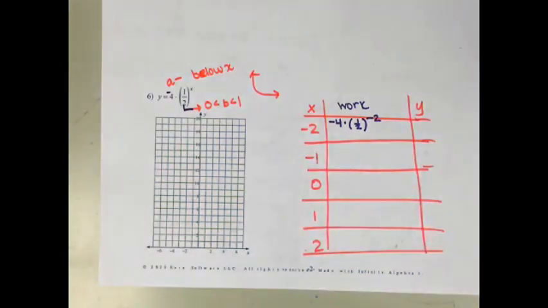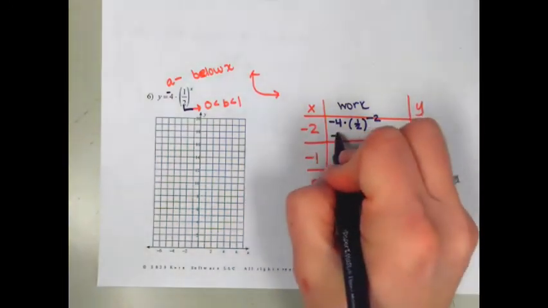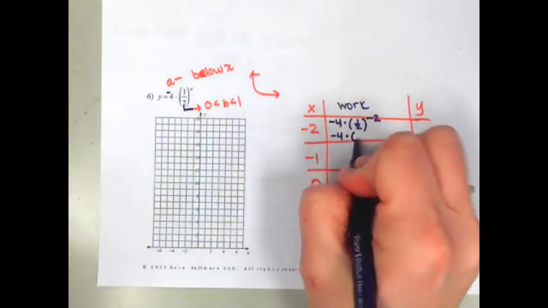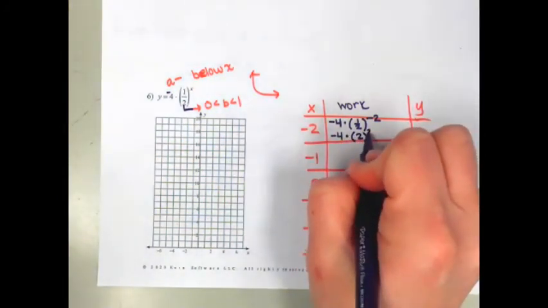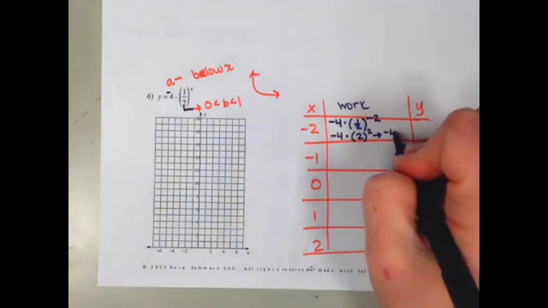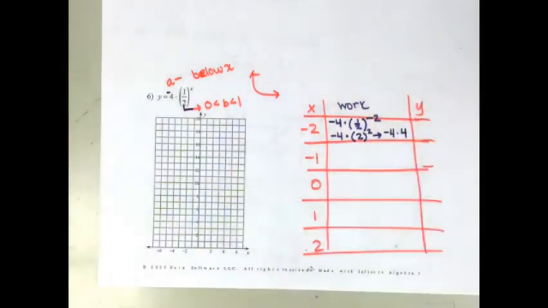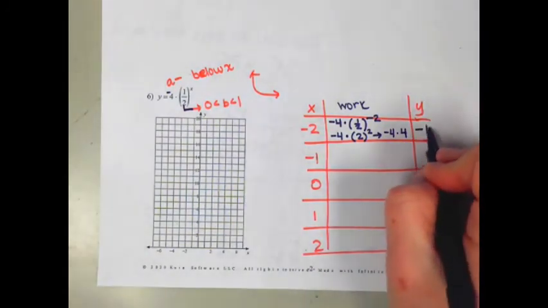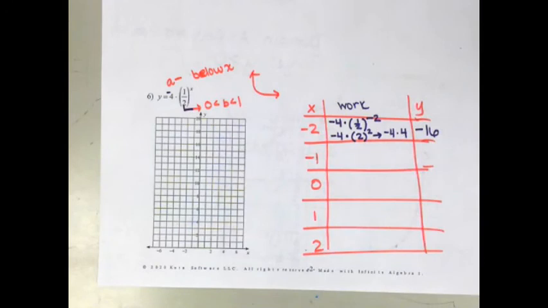We have a negative exponent, so what do I have to do? Flip it, right? So it'd be 2 to the 2nd power. What is 2 squared? 4. And what's -4 times 4? -16. Are you guys okay with that?